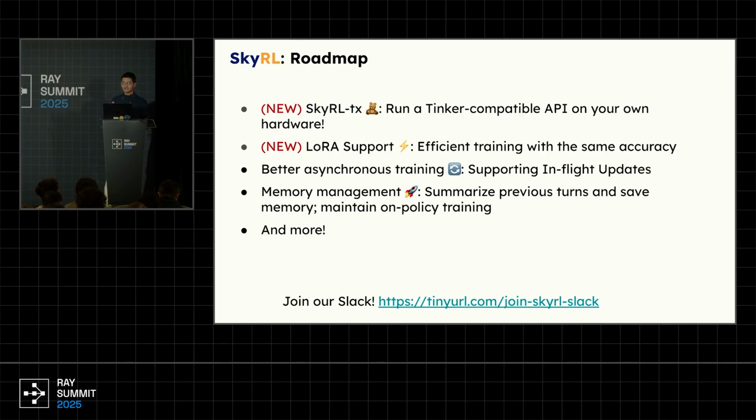We also recently shipped LoRA support so that you can run efficient training while having the same accuracy. Some things we're working on in the short term are better asynchronous training to support in-flight weight updates. And we're also working on memory management support so that you can incorporate summarization during training while still maintaining on-policy behavior.